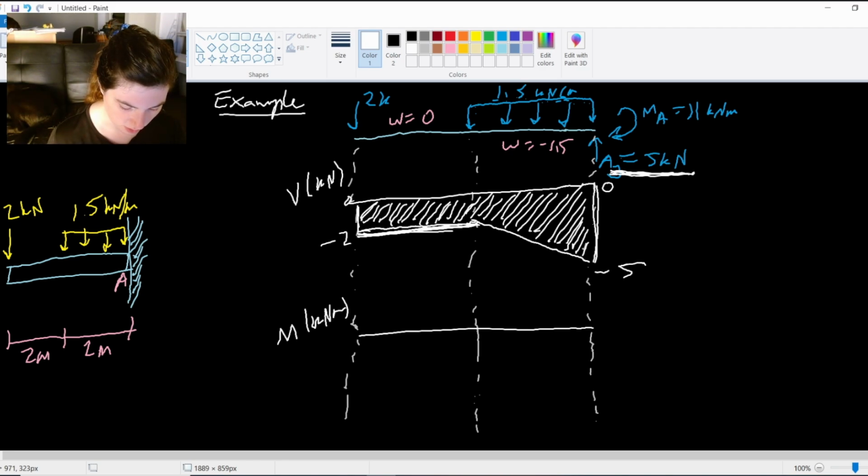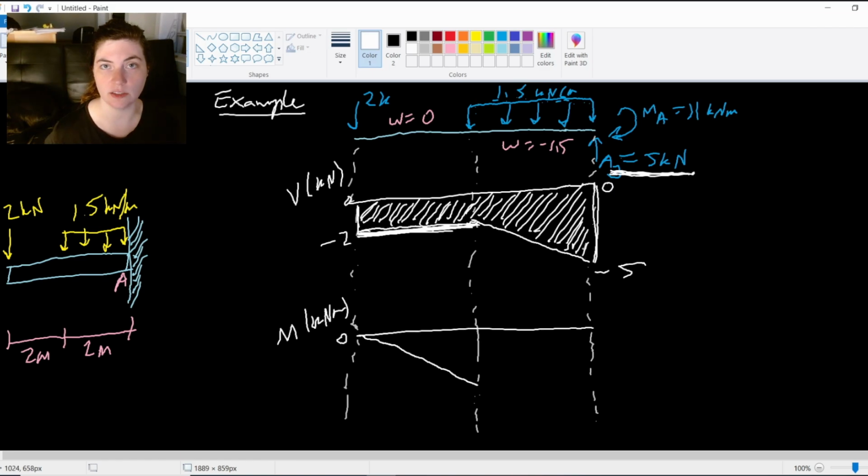So I start at 0, always start at 0. There's no applied moment or anything. And my V value becomes the slope value of my moment. So this line has a slope of -2, goes across 2 meters, so that's easy enough. -4, right? Just a simple, just linear, right? Because we had just a constant line.